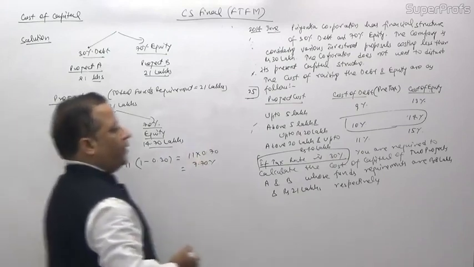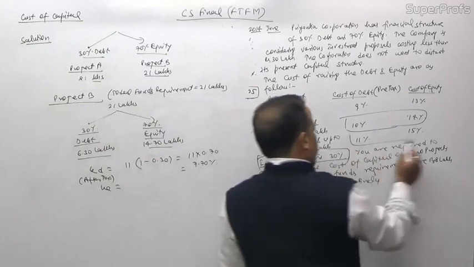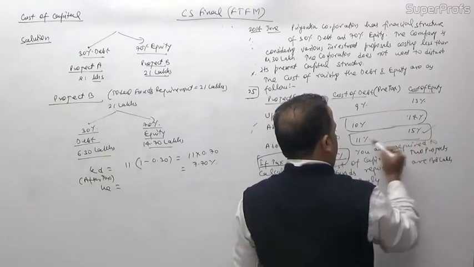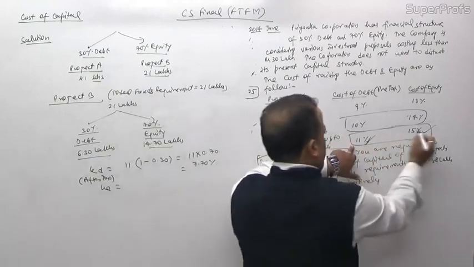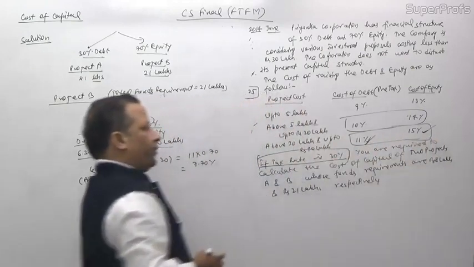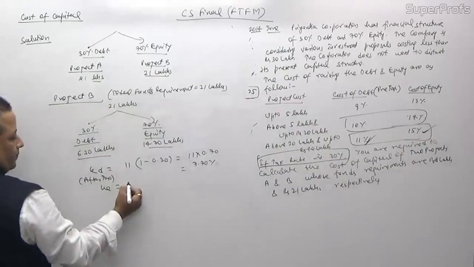In this slab the cost of debt is 11% and the cost of equity is 15%.